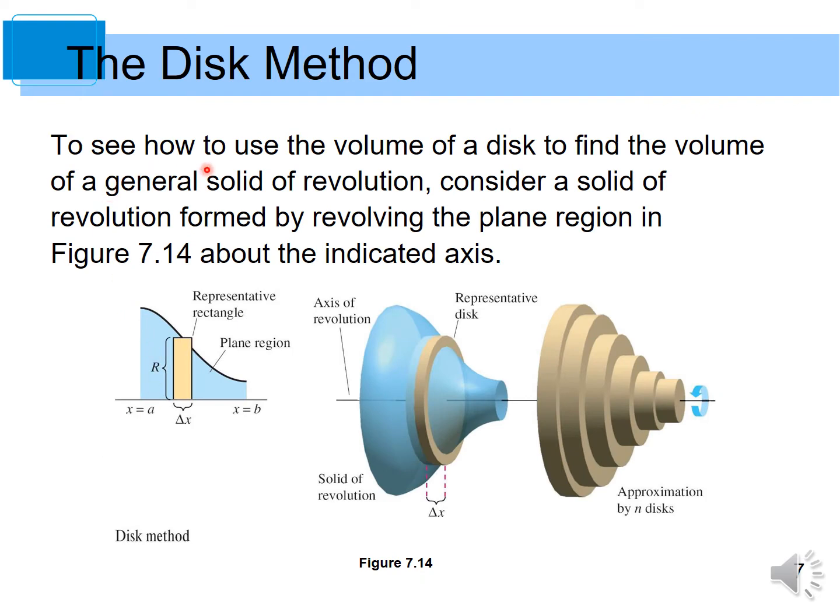To see how to use the volume of a disk to find the volume of a general solid of revolution, consider a solid of revolution formed by revolving the plane region in the figure below.